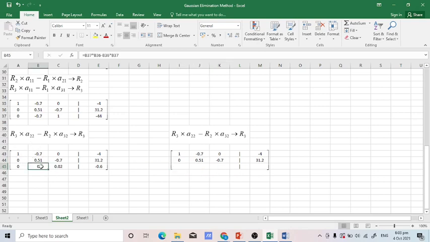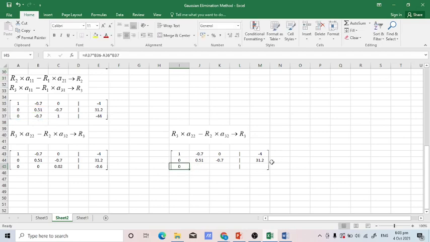Ang gagawin ko ay gayahin ko lang to. R3 times A22 first element times A22 minus R2 times first element R2 first element ito, okay, times A32 ito, di ba 0?